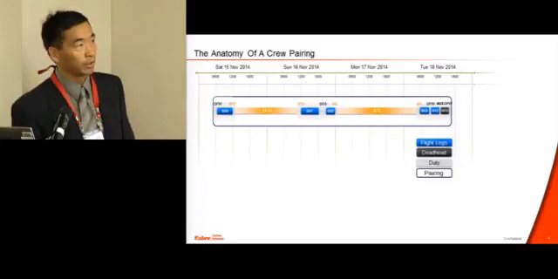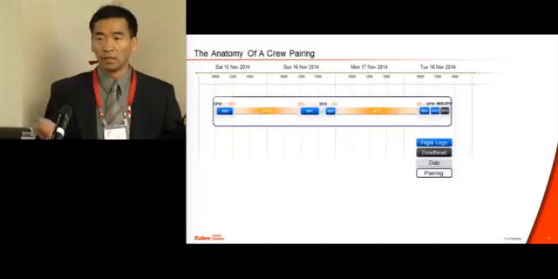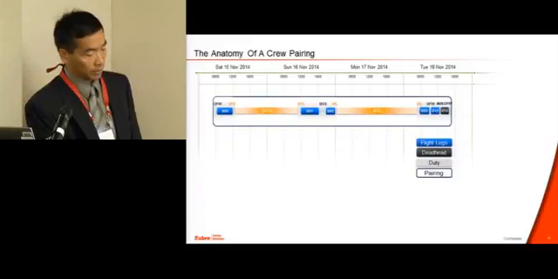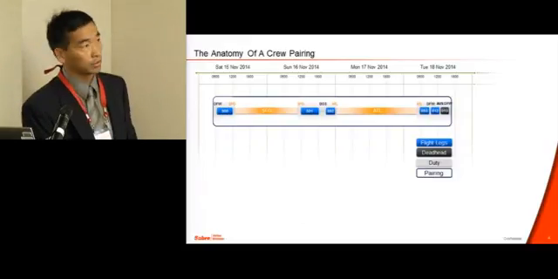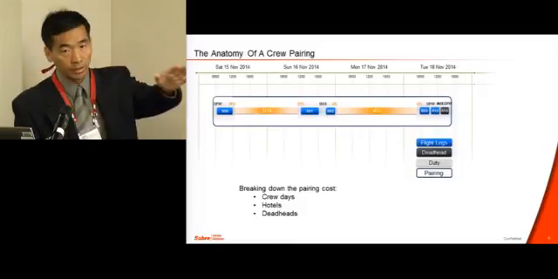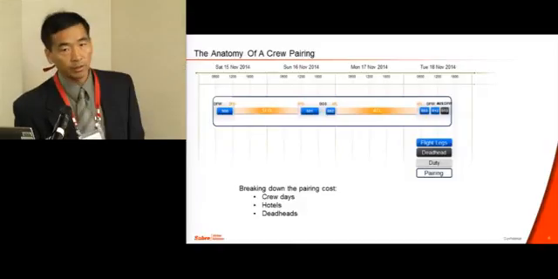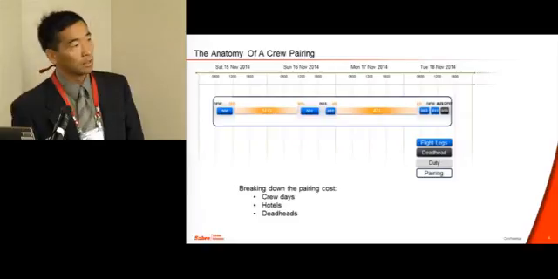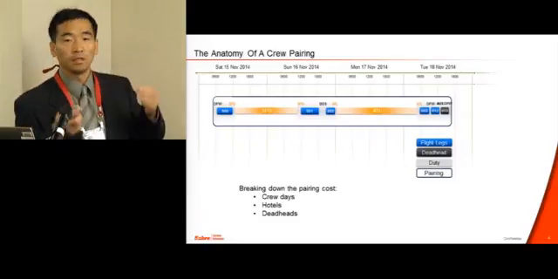For the sake of this discussion, I just list 3 dominant costs for the pairing. Every airline actually has a different cost structure. So assume, for the example I show you, the cost of a pairing is mainly constituted of the following 3 parts. The crew days. Crew days is the number of calendar days the pairing touches.